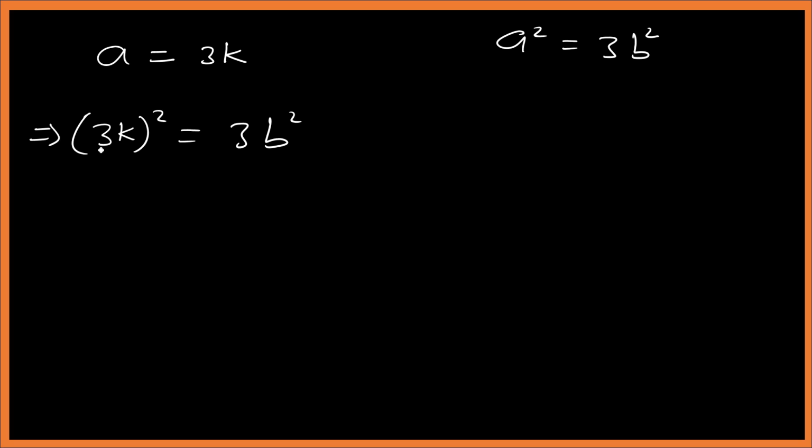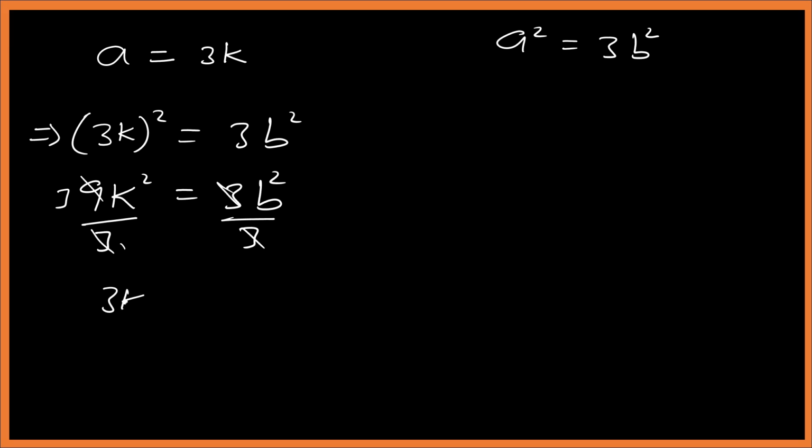So this side will be 3 squared, 9, so we have 9k squared equals 3b squared. Let's divide both sides by 3. So this side will cancel, 3 here, 3. So we have 3k squared equals b squared.